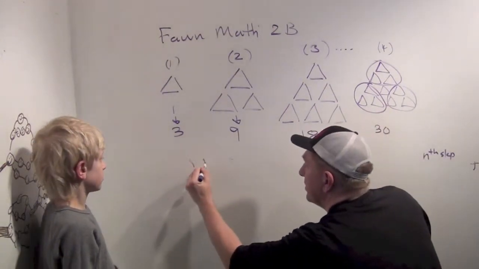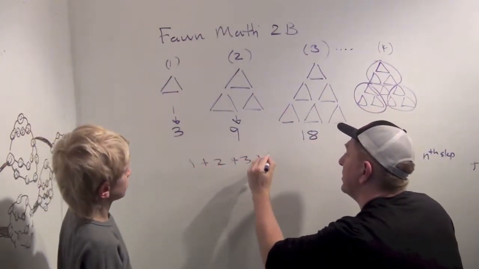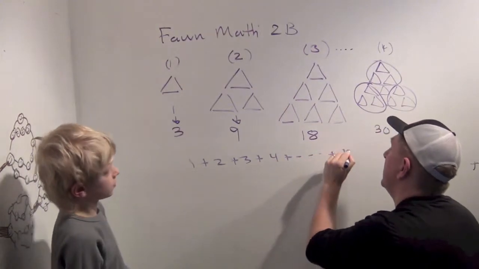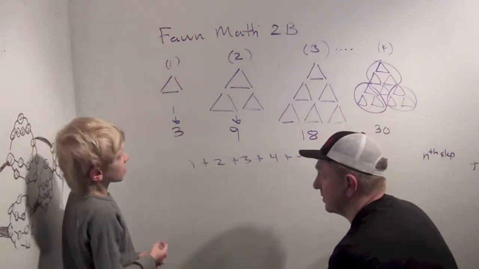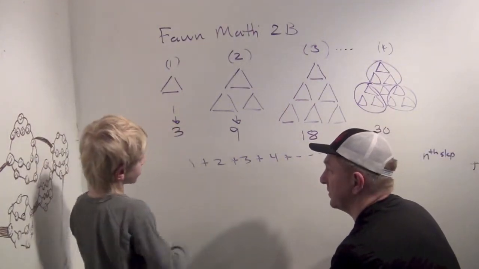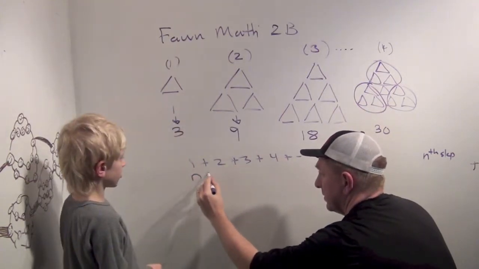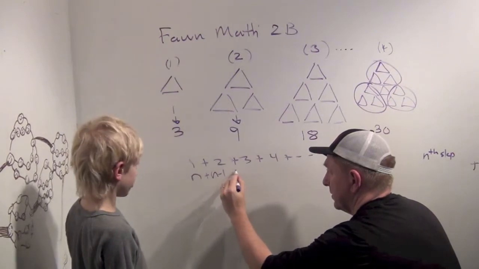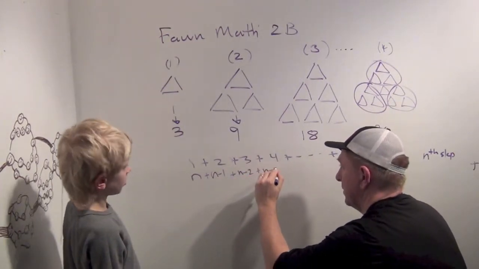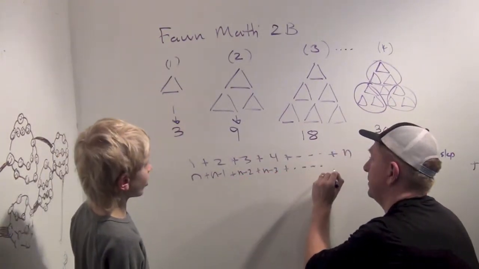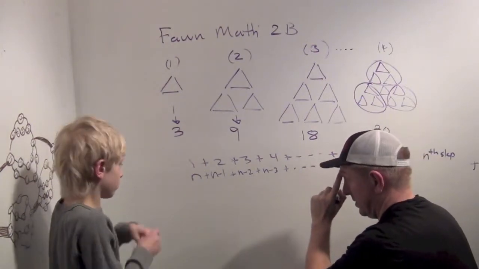Okay. 1 plus 2 plus 3 plus 4 plus all the way to n. What's the backwards trick? You do n plus n minus 1 plus n minus 2 plus n minus 3 all the way down to 1. Okay.